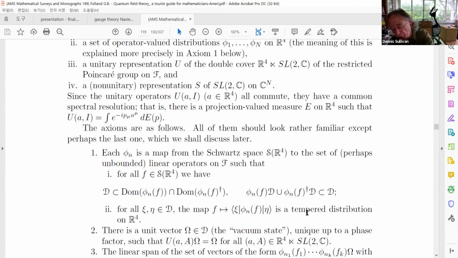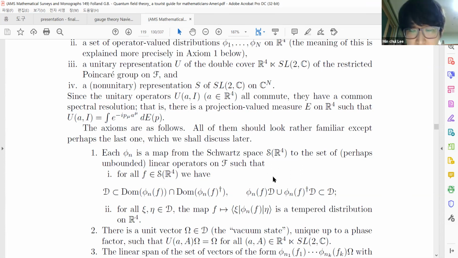Oh, sorry. Before you go off on another idea, wait a minute. Min, you didn't really answer, because when you go back to the Wightman axioms, you have something about the light cone, space-like, and the operators commute, right? Yes.